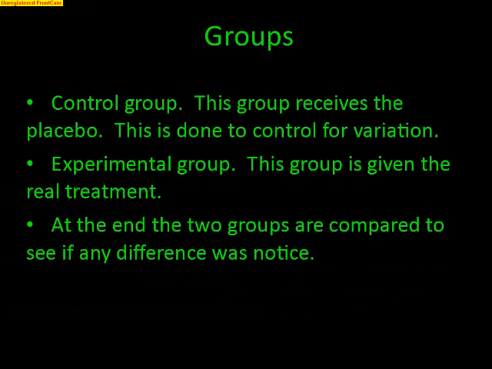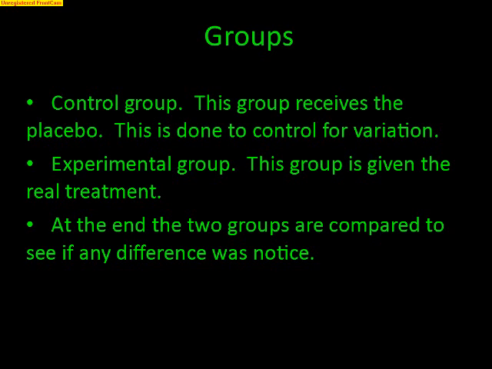So one of the things we can do is to group people. We'll group people into a control group and an experimental group. The control group gets the placebo, and this is done to control for variation. Maybe everybody who gets the placebo feels better. That's going to tell us something.